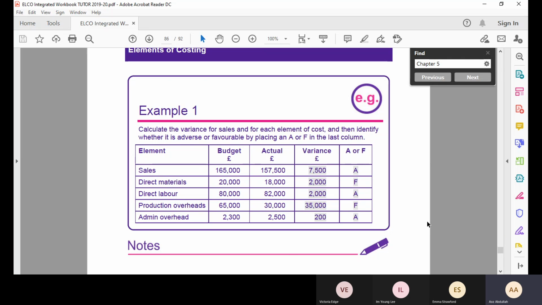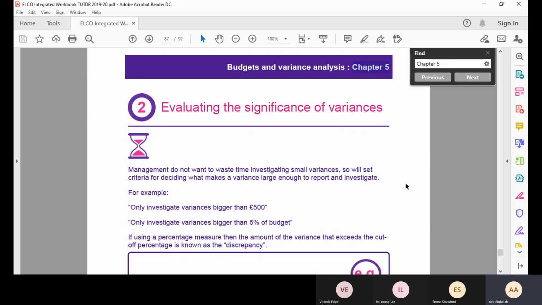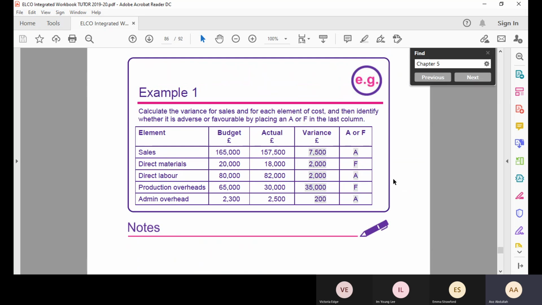Okay, so let's move on to evaluating the significance of variances. We already calculated the variances. The variance is the difference between your budget and actual. Adverse or favorable depends on whether it is income or expenses or cost.